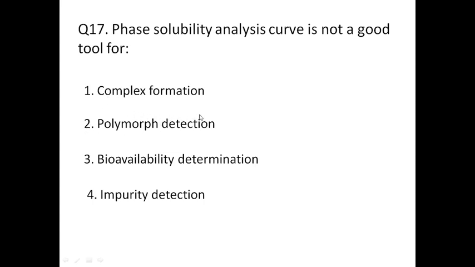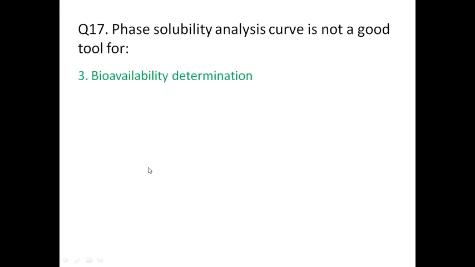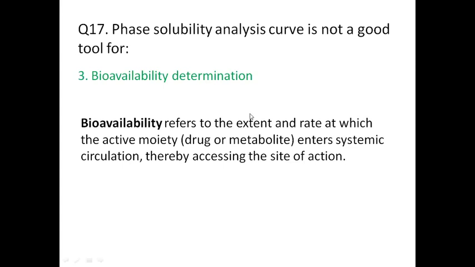One polymorph can melt at a certain temperature and another polymorph at a different temperature. And in impurity detection also, pure compounds will melt at a certain temperature, and impure compounds will melt at another temperature. But bioavailability means the extent and rate at which active moiety enters systemic circulation, meaning you have to calculate the drug's concentration. From the phase solubility analysis I think it will be very difficult to calculate drug concentration inside our body. So this is the right answer for 17.